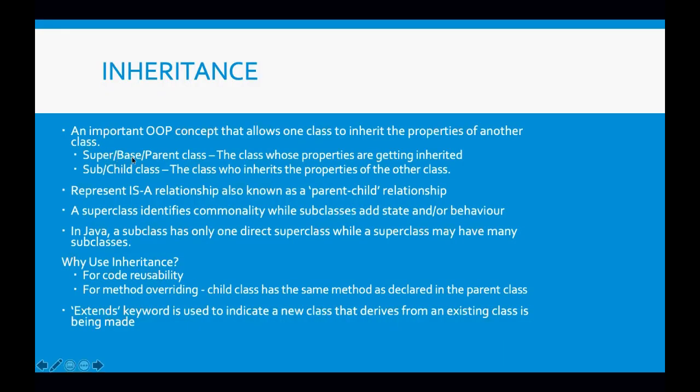So we've got super or base or parent class. This is the class that the properties are getting inherited from, and the sub or child class is the class that inherits the properties of the parent class.